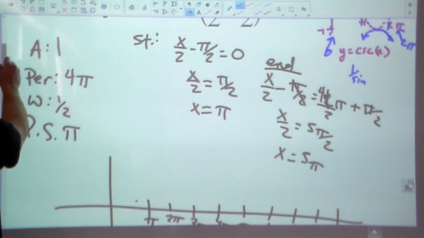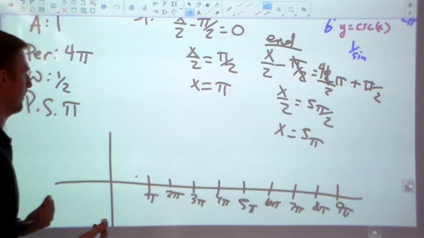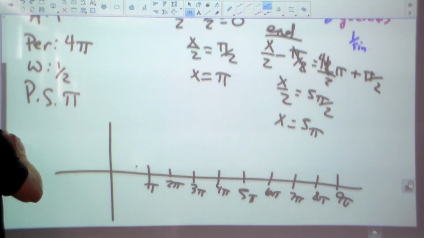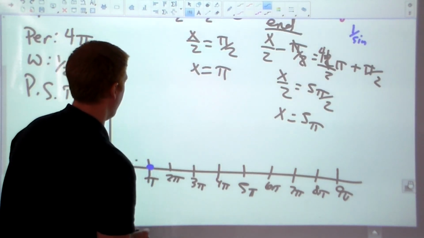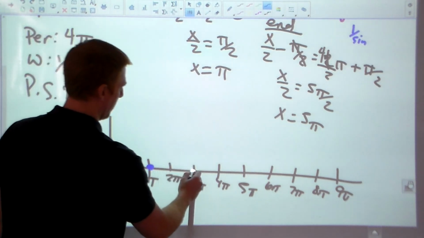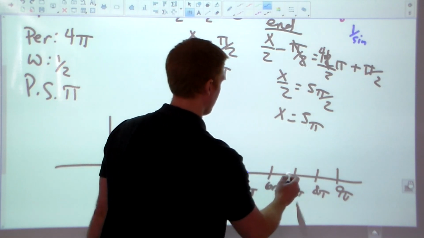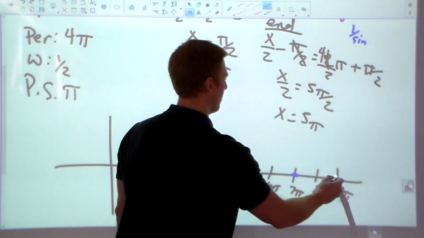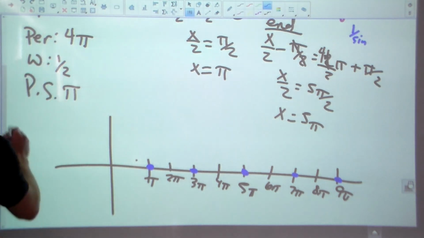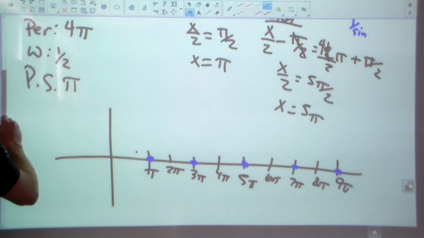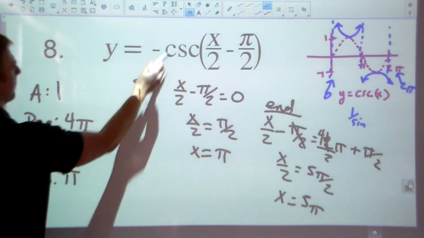All right, the key points. Well, actually, I'm going to graph a sine function first. A sine function that begins with pi, and we know halfway between it's back to 0. When it ends the cycle with 5 pi, it's back to 0. Start another cycle. You don't have to do it that way, but I'm just going to put them in there. All right, now normally sine is going to go up. Let's pay attention to our a value up front. It's -1.